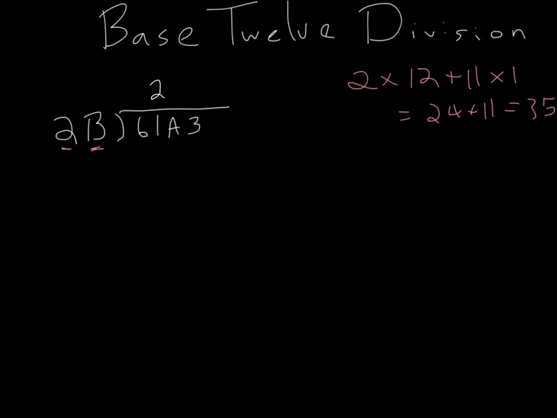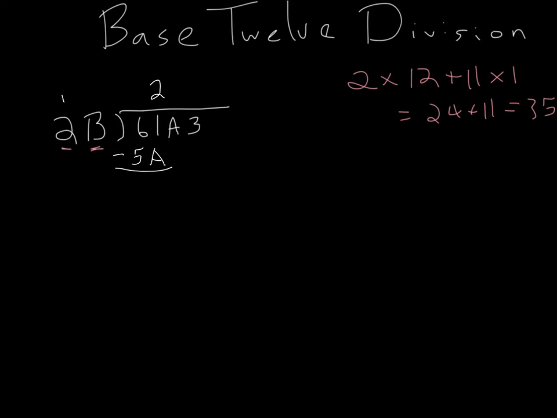So now we have to go to our base 12 multiplication table, and if we look, we find that 2 times B gives us 1A. So we put our A here, and we carry our 1. 2 times 2 is 4, plus 1 is 5. So we subtract.